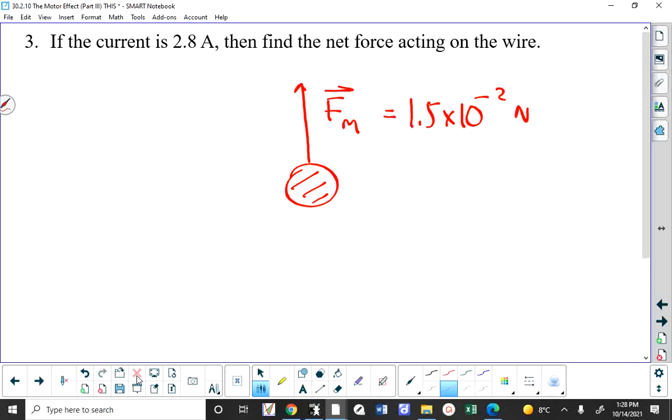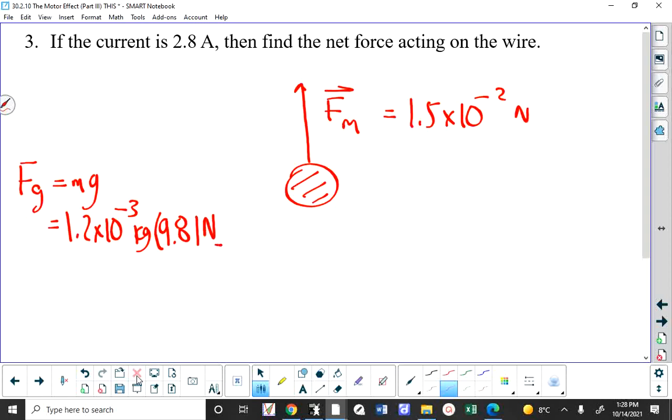That's just mg, right? That's Fg equals mg. I believe it was 1.2 grams. What was the mass of the wire? 1.2, thank you. 1.2 times 10 to the negative 3 kilograms times 9.81 newtons per kilogram.